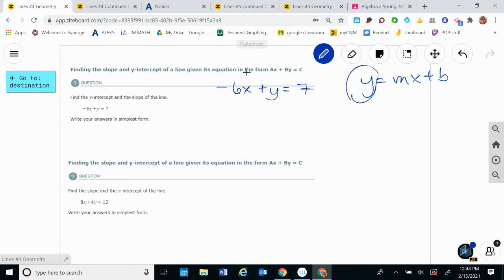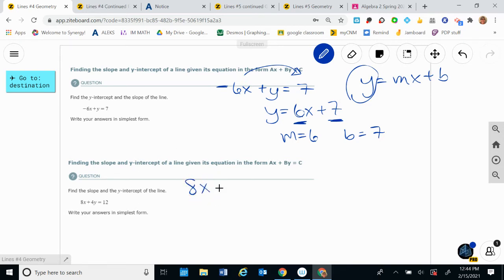So we want to jump this guy over to the other side, add 6x to both sides. This is subtraction, so add. So y is equal to 6x plus 7. So what's the slope? 6. It's right there. What's the b? 7. That's the beauty of this equation. You can just pull out the slope and y-intercept if you solve for y.